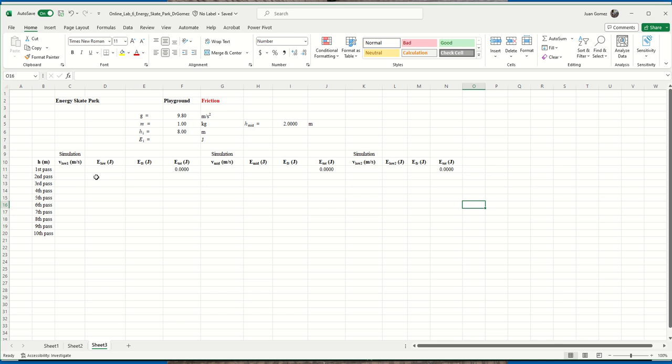Then I want to calculate the energy at the low point, the energy at the midpoint, and then the energy at the second low point. So again, from the simulation, V low 1, meaning the speed at the first valley or the first trough.